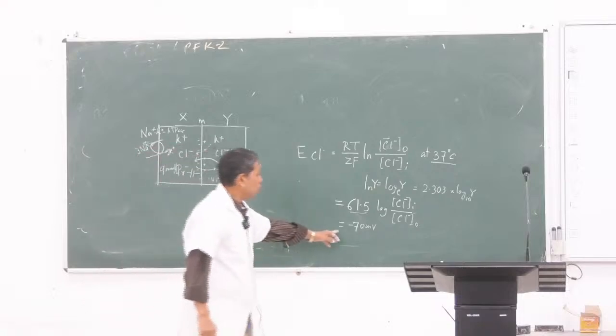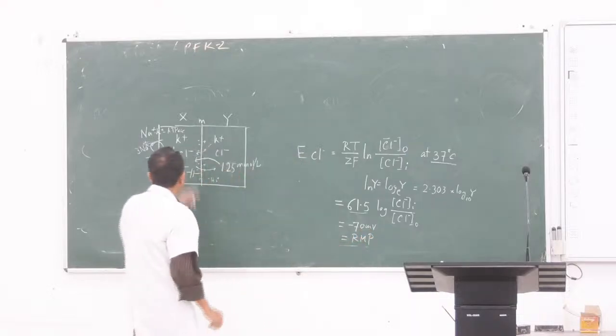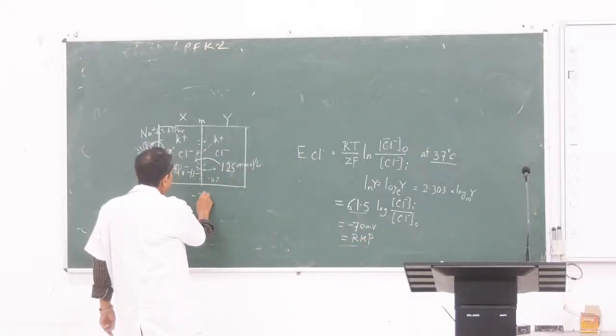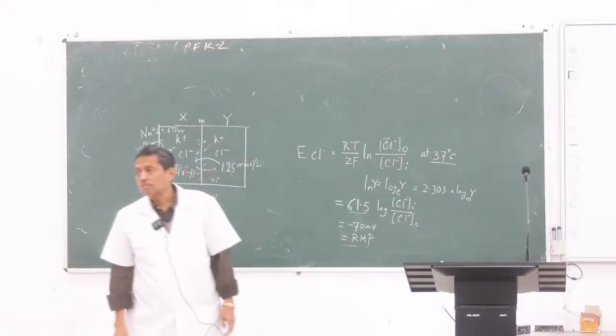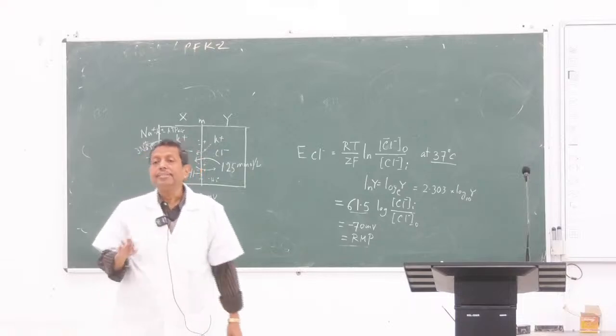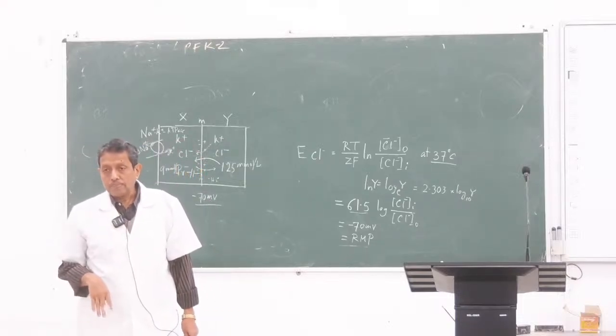So it closely corresponds to the resting membrane potential of the axon, -70 millivolt. So you can imagine that at that condition, there is no active transport across them.